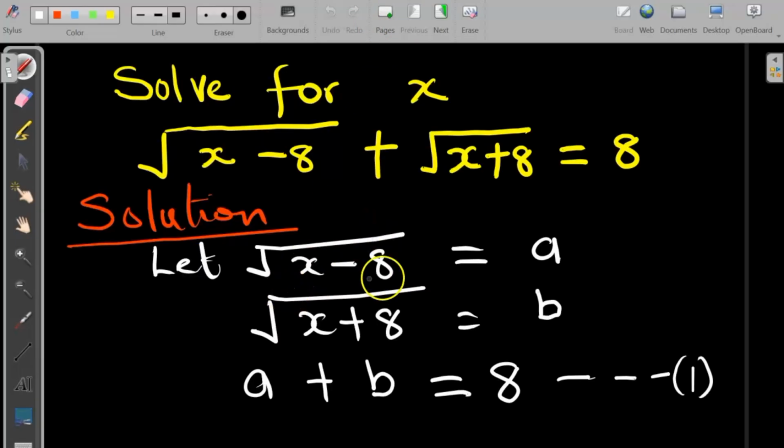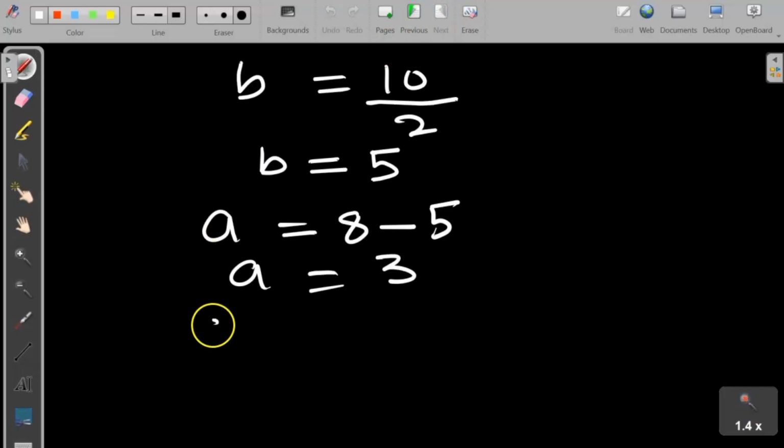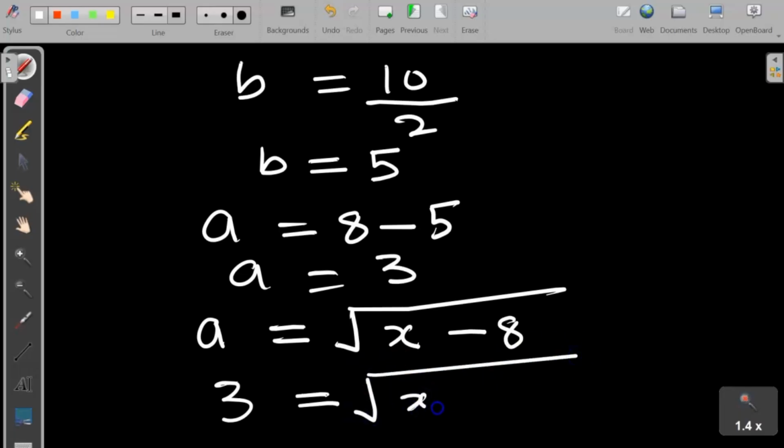Now, a is equal to root x minus 8, and b is equal to root x plus 8. A is equal to root x minus 8. Okay, so 3 is equal to root x minus 8.